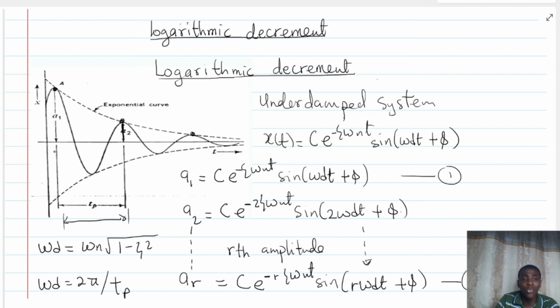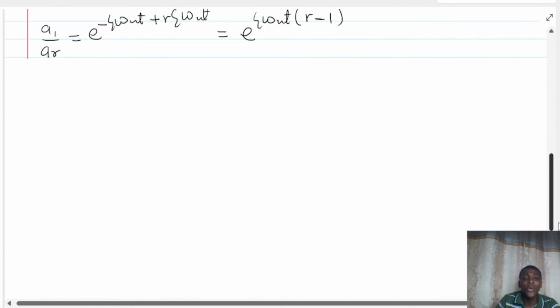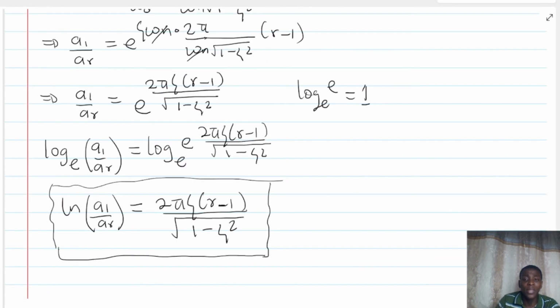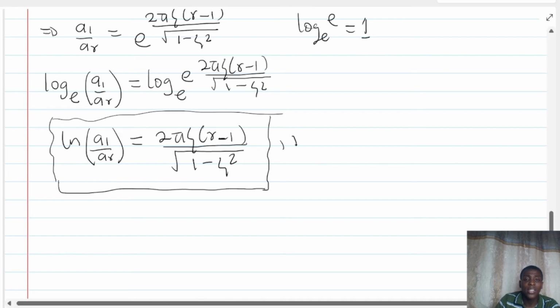If I know the first amplitude and any other amplitude, this can help me find the damping ratio. So that is the logarithmic decrement. And please, the R here that you see is the R-th amplitude.